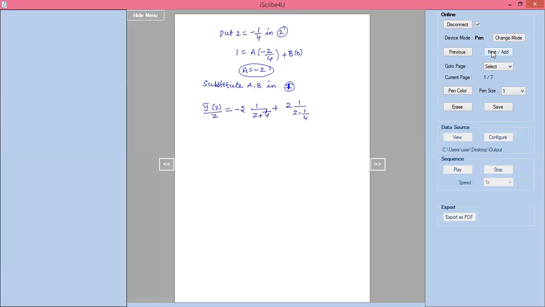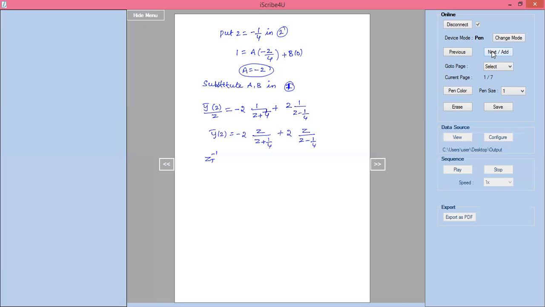Now, y bar of z equal to minus 2 into z divided by z plus 1/4 plus 2 into z divided by z minus 1/4.